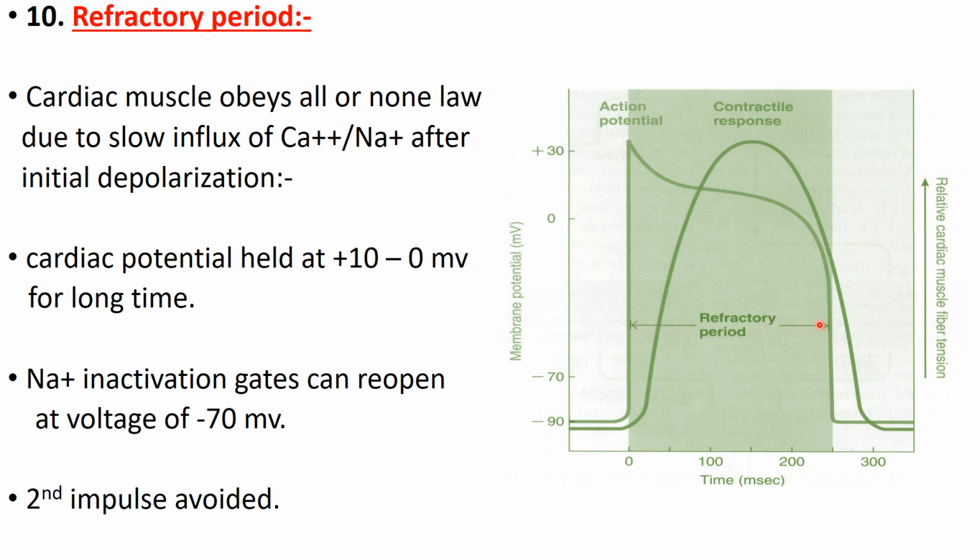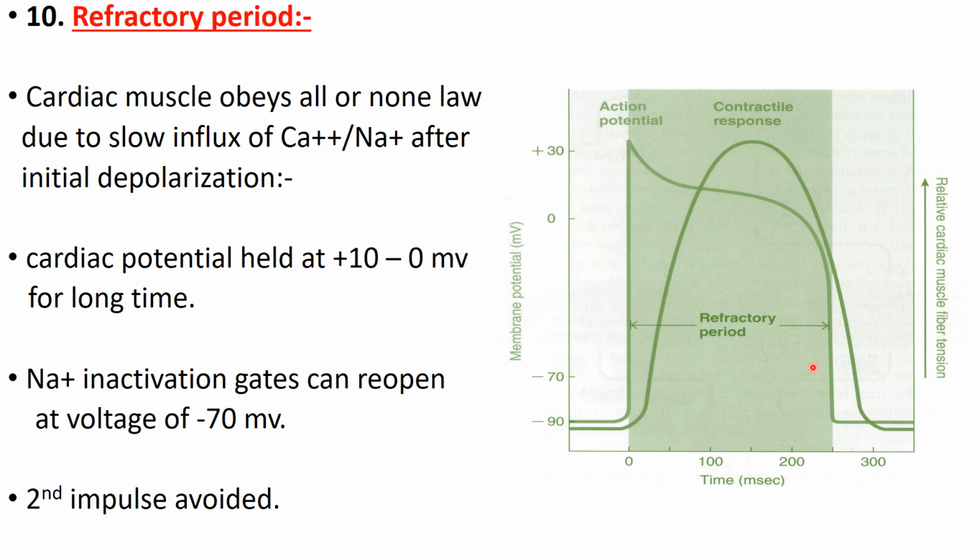Do you remember what was the reason for the refractory period? Do you remember the properties of the sodium channels that had activation and inactivation gates? If you remember, we know that the sodium inactivation gates can reopen at a voltage of minus 70 millivolts.